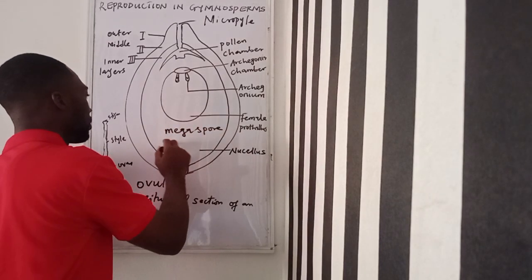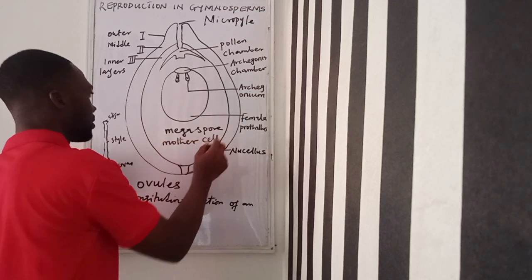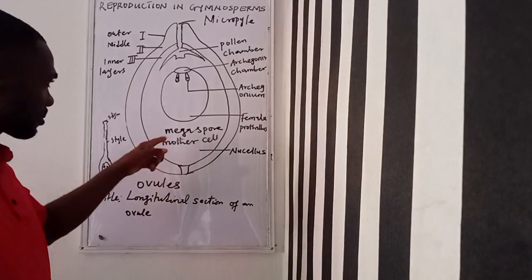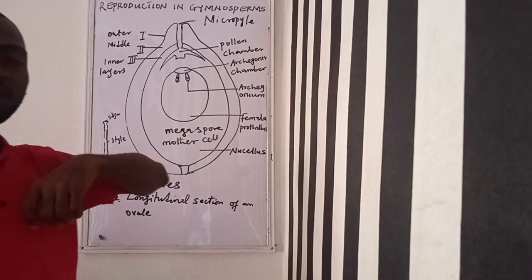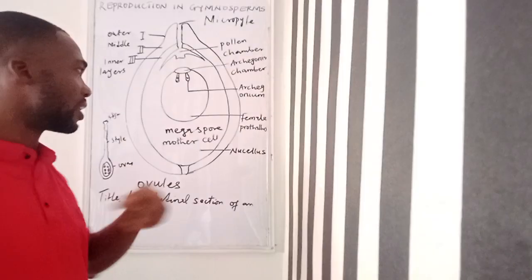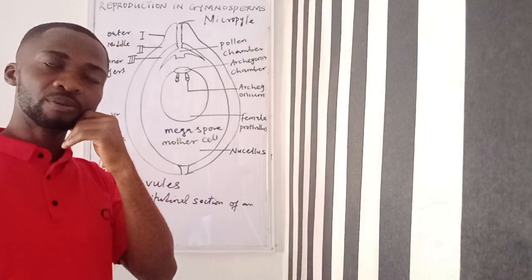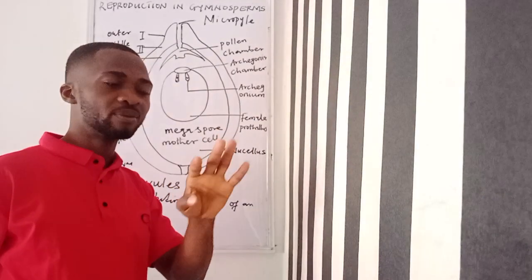What really happens is that the megaspore mother cell within the nucellus divides repeatedly to form four megaspores. But out of these four megaspores, three will disintegrate.